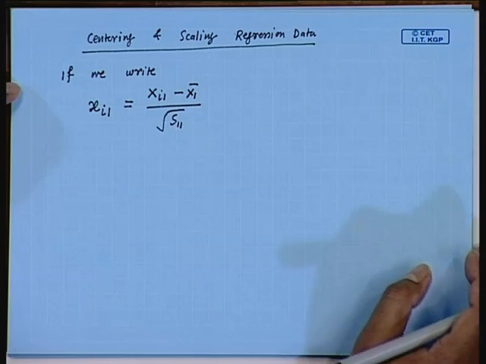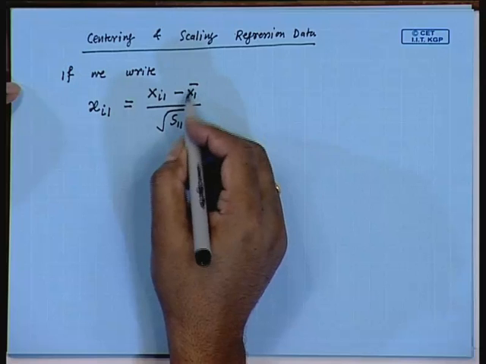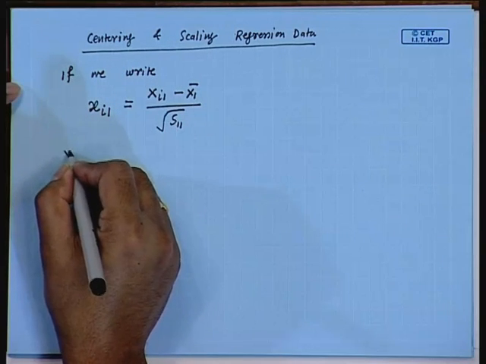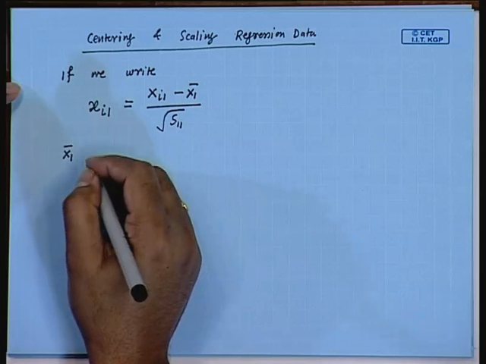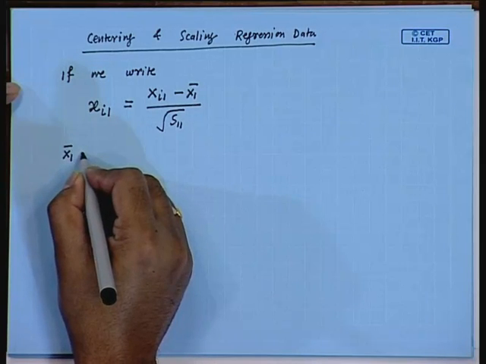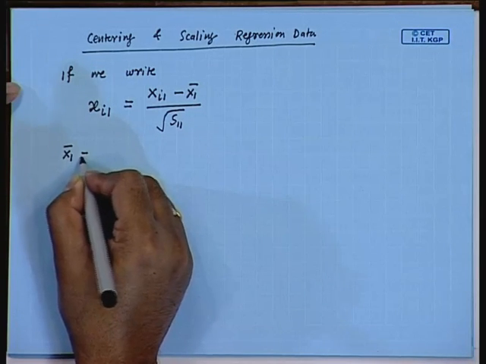So let me tell what is this notation. x1 bar, of course, it is the mean associated with the first regressor.